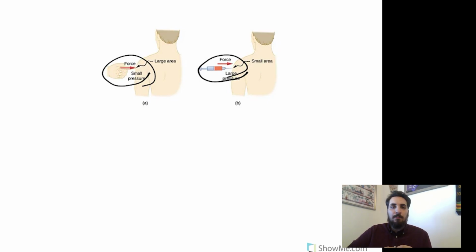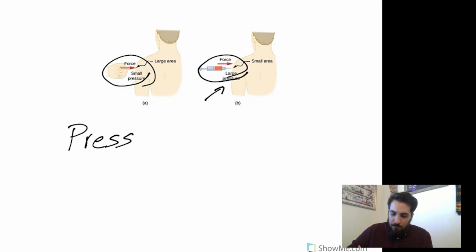And the reason why is because when we talk about interactions, what really matters here, as far as the result of, will the needle pierce the skin or not, the important factor here is this idea of pressure, how much pressure is applied. We say like skin can withstand a certain amount of pressure. So when we talk about interactions with surfaces, such as the interaction with the surface that is the skin, we get a different behavior whether we apply it over a large area or a small area.